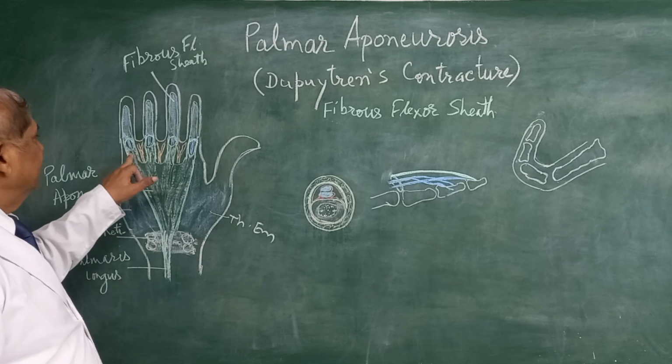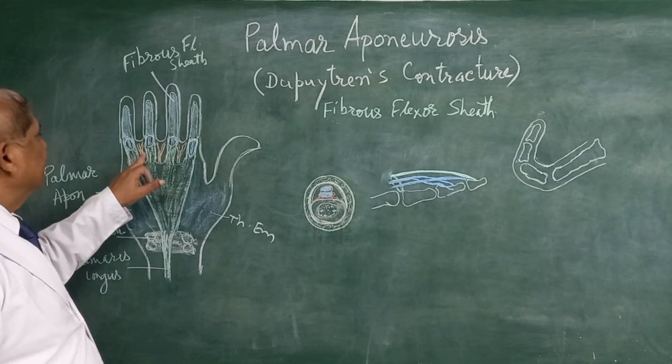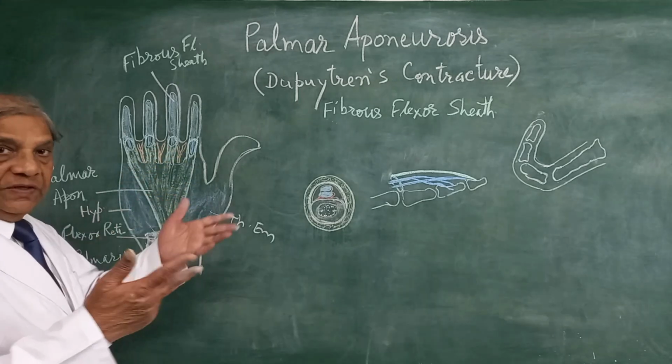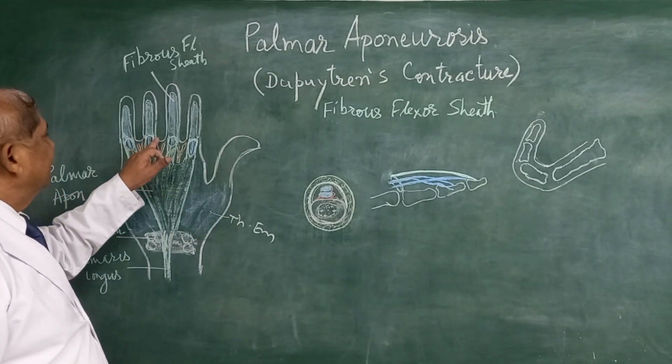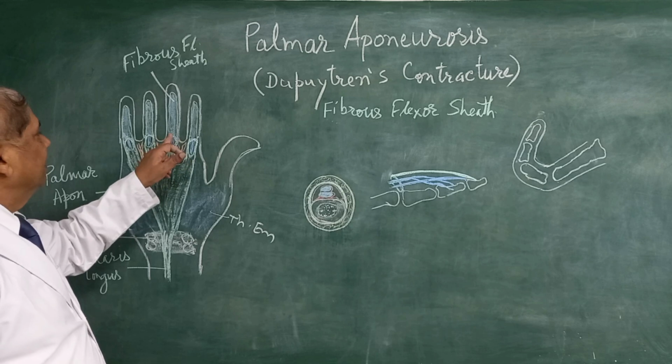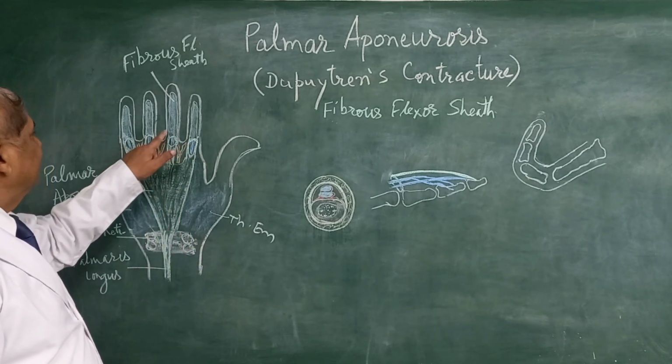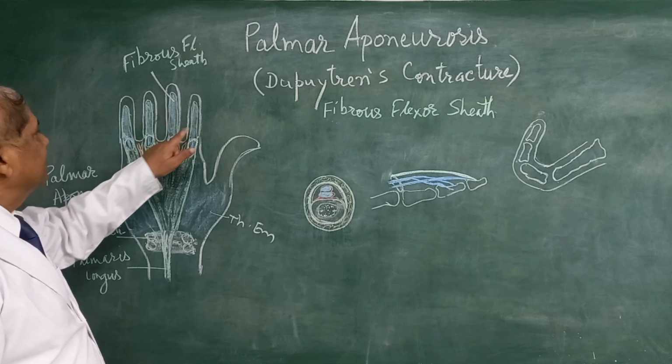So the slips of the palmar aponeurosis divide into 4, then each slip divides further into 2, and then the medial and lateral slip of each fuse with the margin of the fibrous flexor sheath.